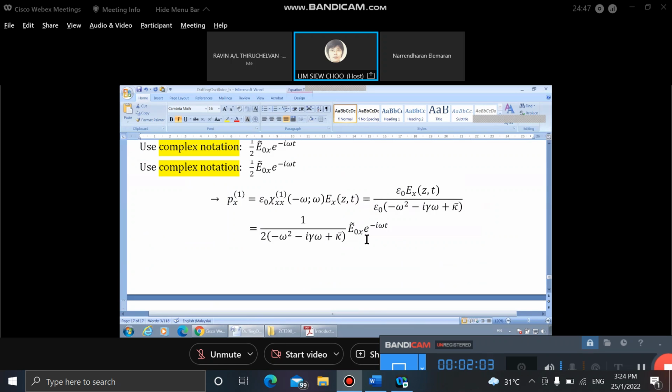So in your P1, so the complex, okay your equation. This is the conjugate, right? So these two are complex.